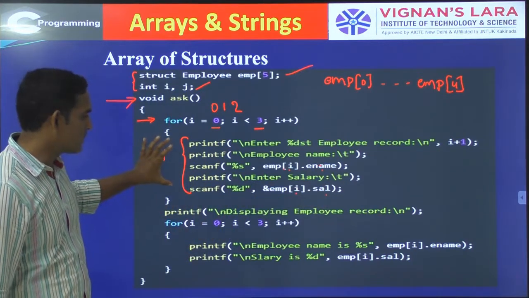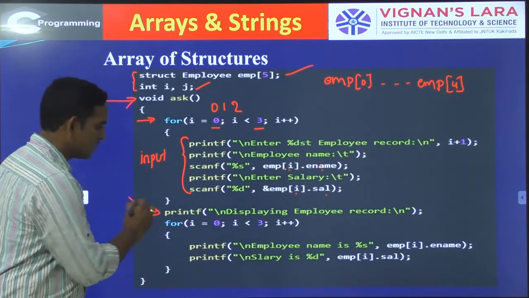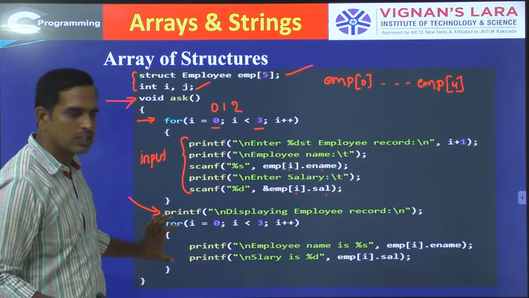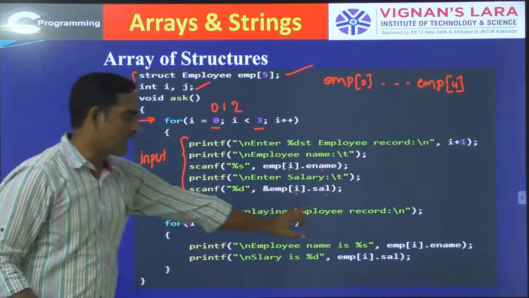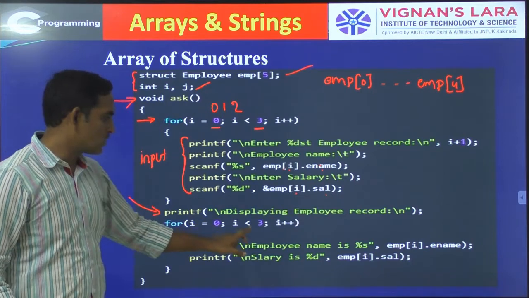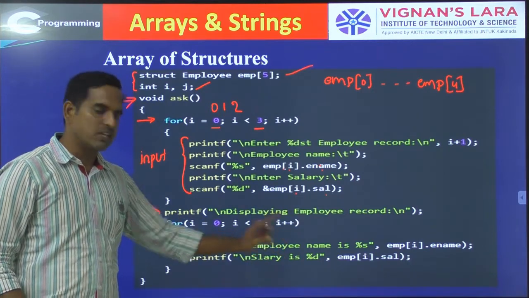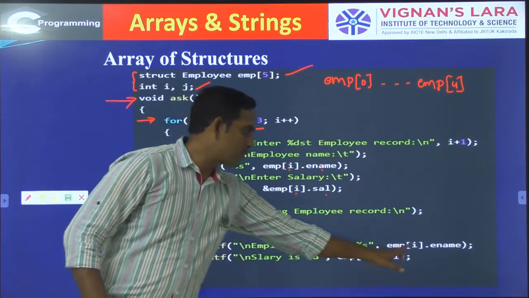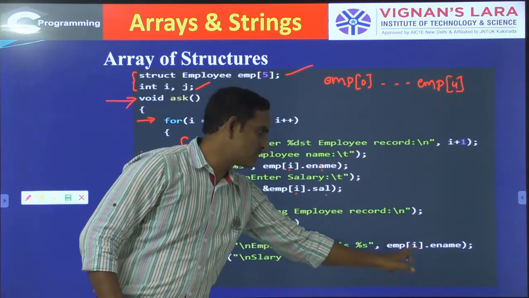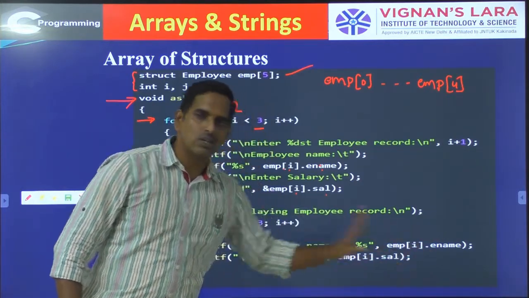So we are taking input here, then the same process we are going to use to display the output. Displaying employee record: for i equal to 0, i less than 3, i plus plus. The same thing, employee i, that is employee 0 dot ename, employee 0 dot salary.